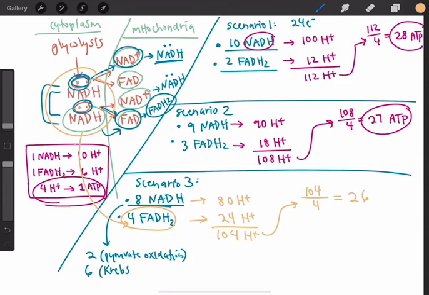You are going to get 26 ATP. So these are the 3 different scenarios where variations from these electron carriers donating their electrons to either NAD plus or FAD. These are the different numbers of ATP that can be produced.